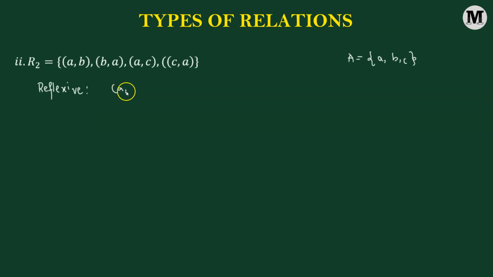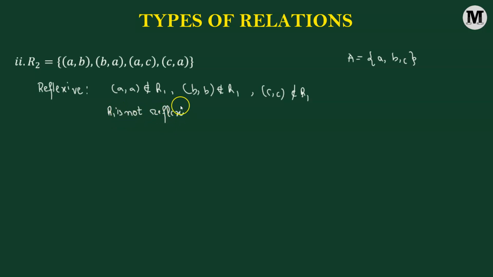Now clearly here A comma A does not belong to R2. We have B comma B not belonging to R2, and C comma C also not belonging to R2. So we can straight away say that our relation R2 is not reflexive. This is not a reflexive relation on A.